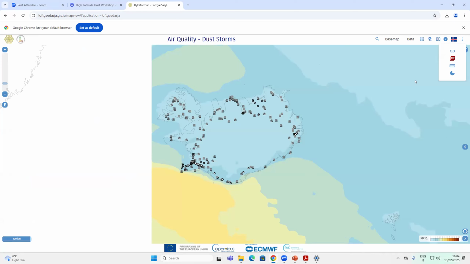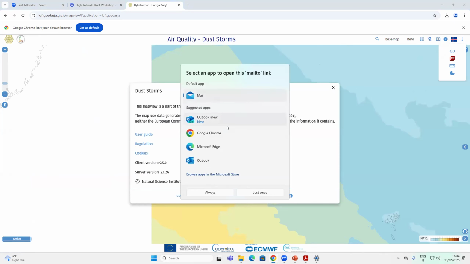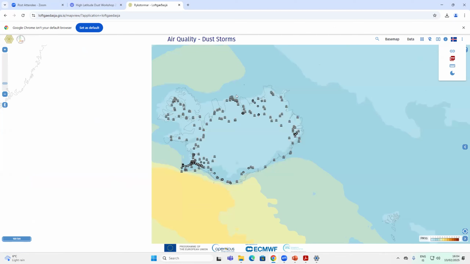You can do that under map info, and here is the email, and we will get it from you. That's how you can contact us. Very welcome, because user feedback is the most important for us to know what to do. You should enjoy the map, right? It's for the general public and scientists as well to get information from remote areas.